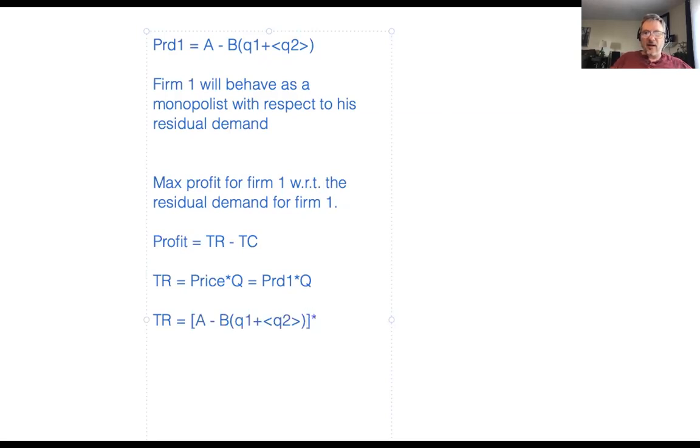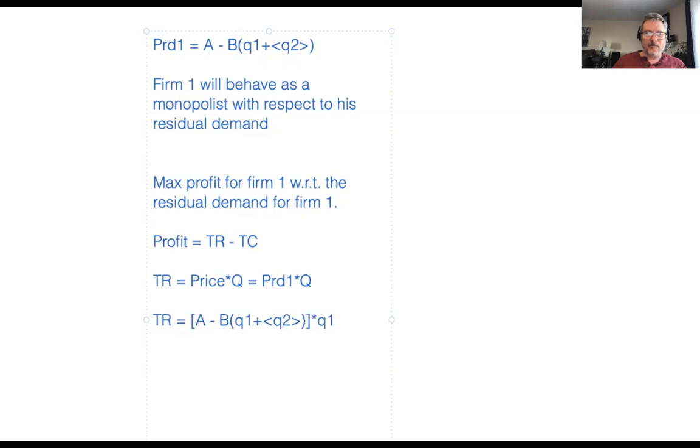Okay, times the amount of output for firm 1. Okay, so this total revenue based on the residual demand, this is a really important step. So if there's anybody who doesn't understand what I did right now, then speak up.